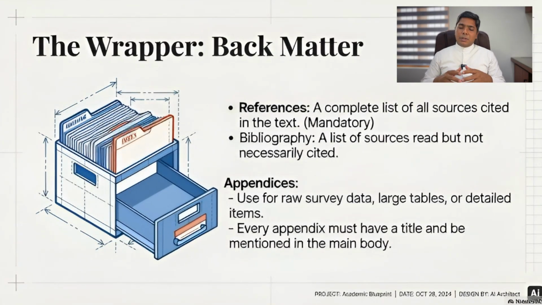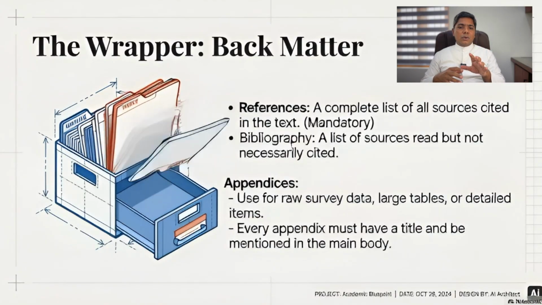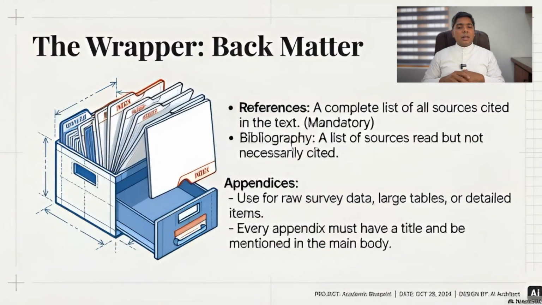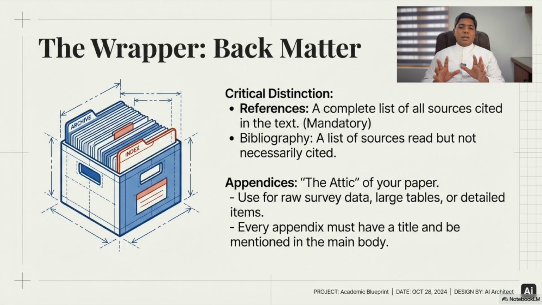Then come appendices. These are for materials that relate to your topic but are too detailed or lengthy for the main body. These include raw survey data, interview transcripts, detailed statistical tables, copies of questionnaires or instruments you have used, or supplementary calculations, etc. Each appendix should have a specific title.